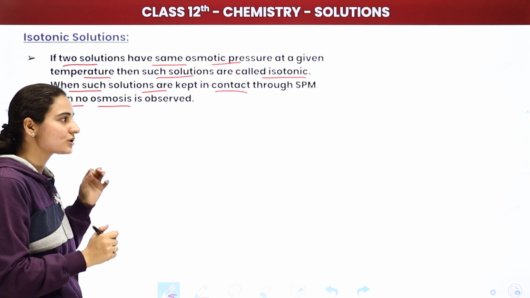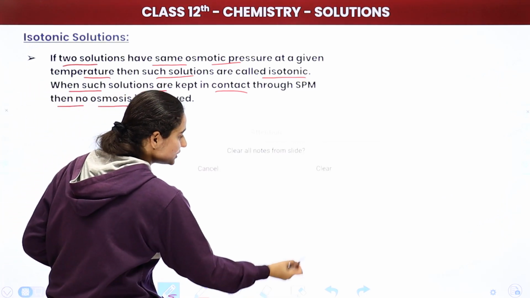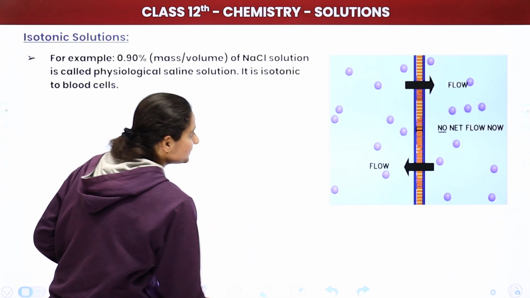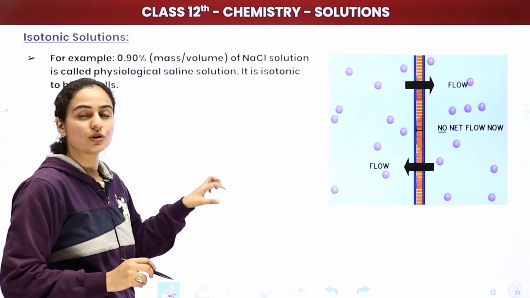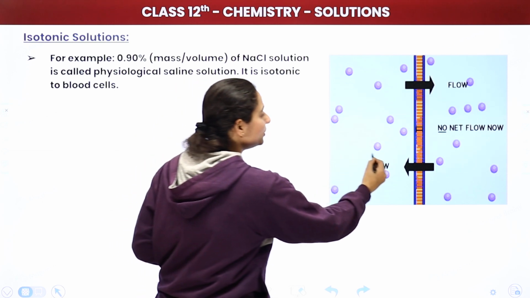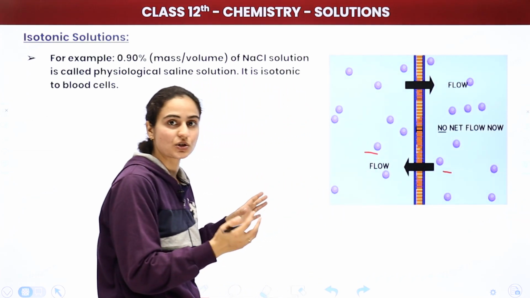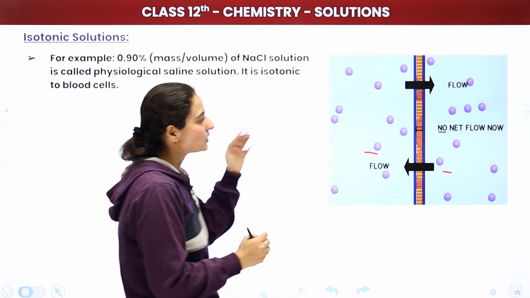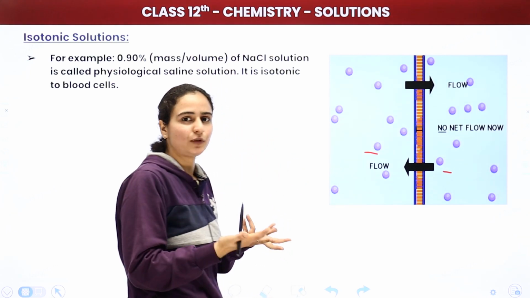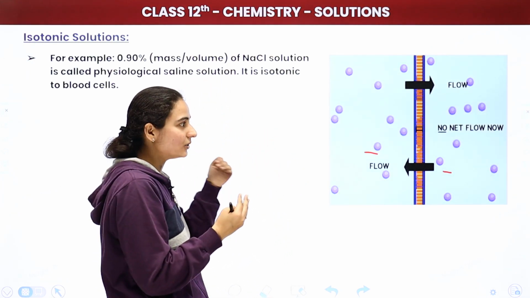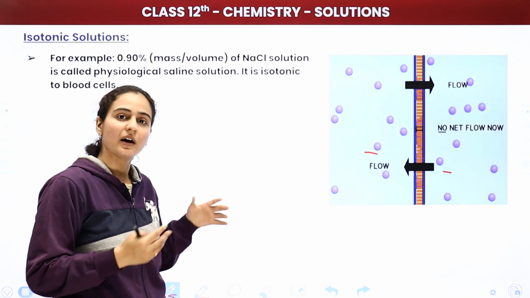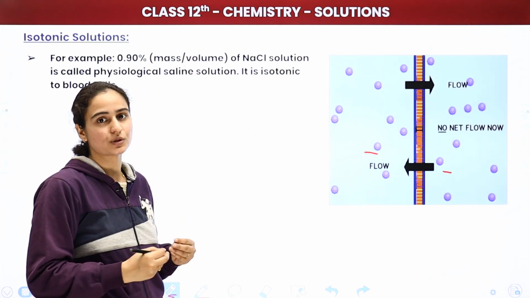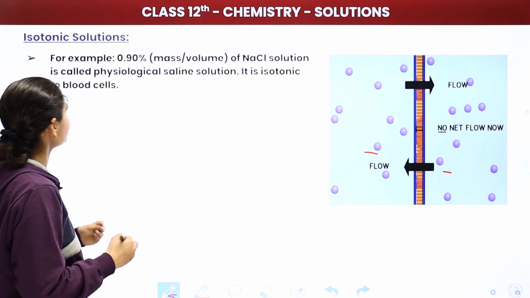And such solutions we call isotonic solutions. See, in this image also, you can see that the concentration on both sides is equal. So there is no net flow basically. We cannot say there will be any movement. There will be no movement. Such solutions are in equilibrium, so no osmosis will take place.